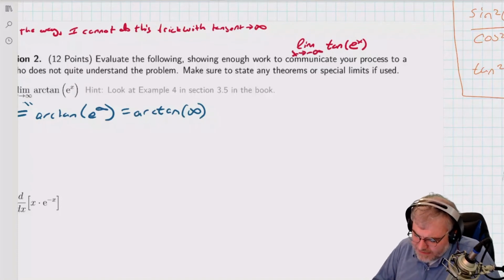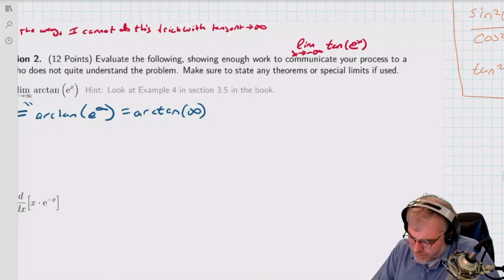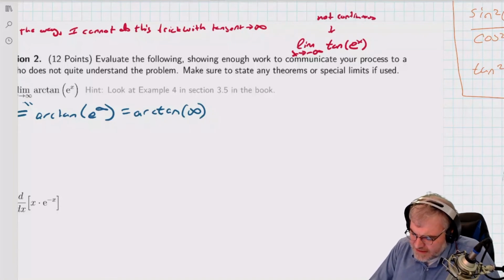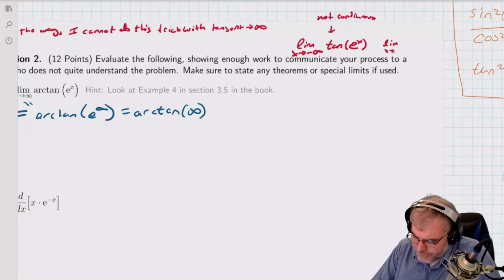So tan is not continuous over it. I can't do it here. Technically, I can't, not continuous. Whereas tan star is continuous.